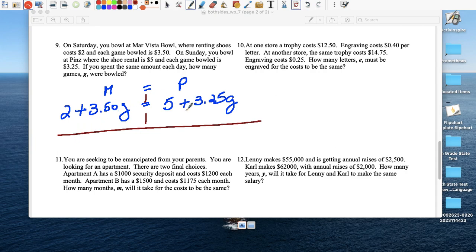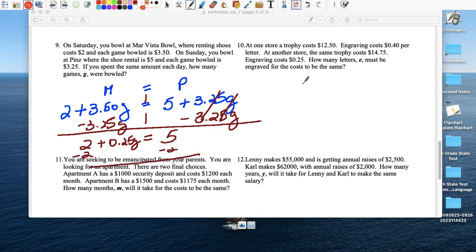Over here, let's say we have to get rid of one of the variables. So one we have 3.50, the other is 3.25. The small one's 3.25. Let's get rid of that one. Minus 3.25G and then minus 3.25G. That goes away. 5 is left over. Here I'm left with 2 plus 0.25G. Next step is subtract 2 on this side, subtract 2 on that side.